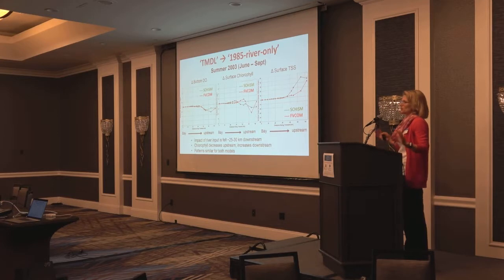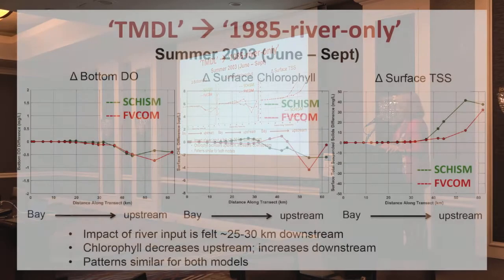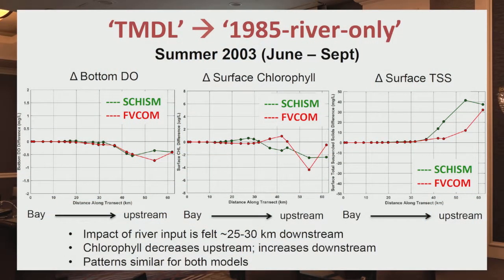So now we're going to do these last 2 sets of results where we're changing just the rivers or changing just the open boundary. Here I have bottom DO on the left, the change in surface chlorophyll, and the change in TSS. And for these sensitivity experiments, only the SCHISM and FVCOM models participated.